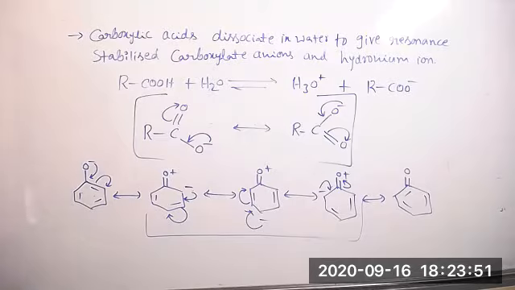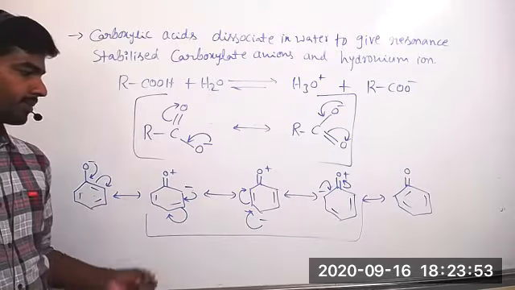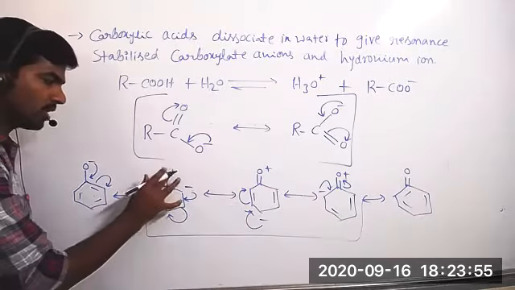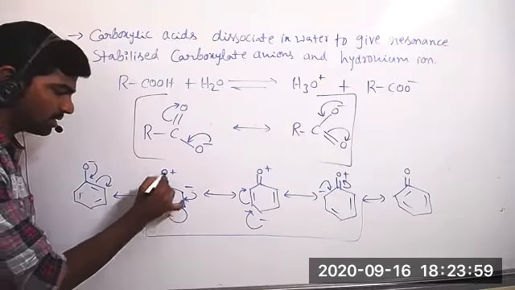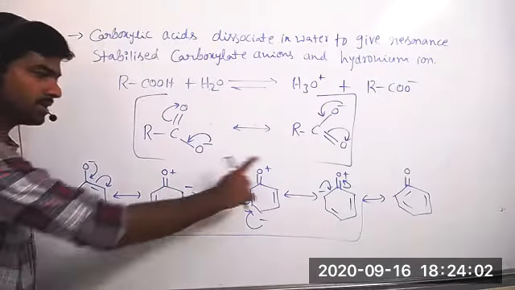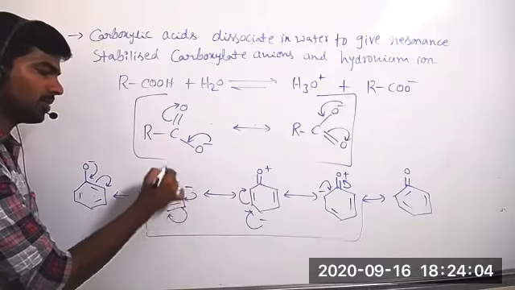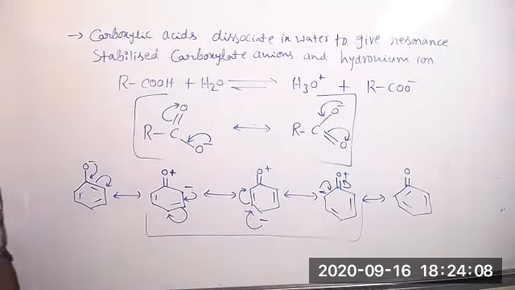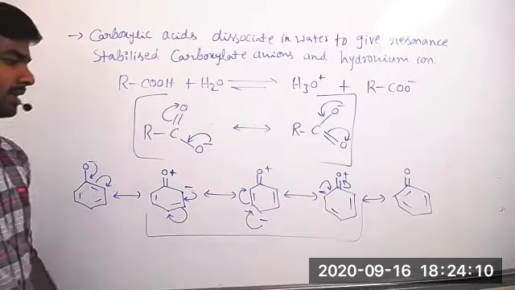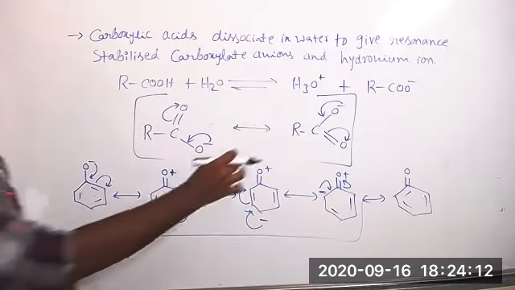So in this phenoxide ion, the more electronegative element is oxygen, right? Compared to carbon atoms, the more electronegative element is oxygen. But in their resonance structures, oxygen is carrying positive charge and carbons are carrying negative charge. That is why this is a less stable species compared to the carboxylate ion.